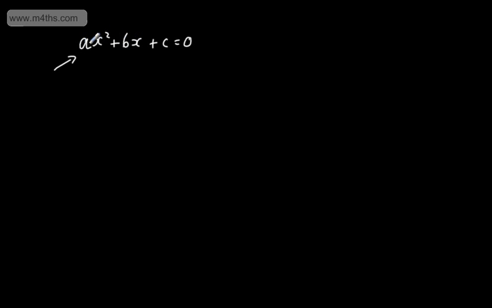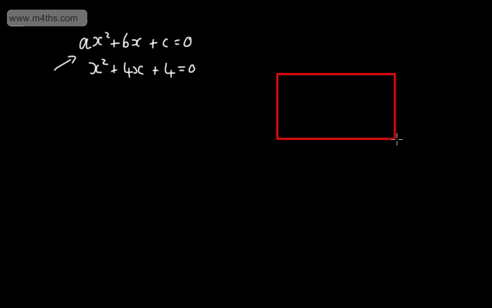So an example of a quadratic equation where a is equal to 1 could be x squared plus 4x plus 4 is equal to 0. So sometimes we can go ahead and factor these and solve. Let's take a rectangle for now, and look at an example of how we could factor and solve a quadratic equation.